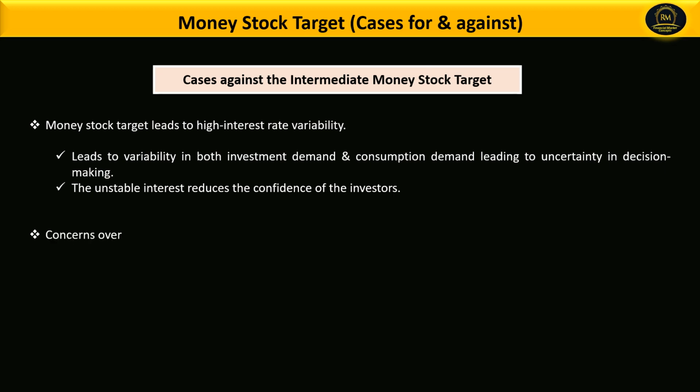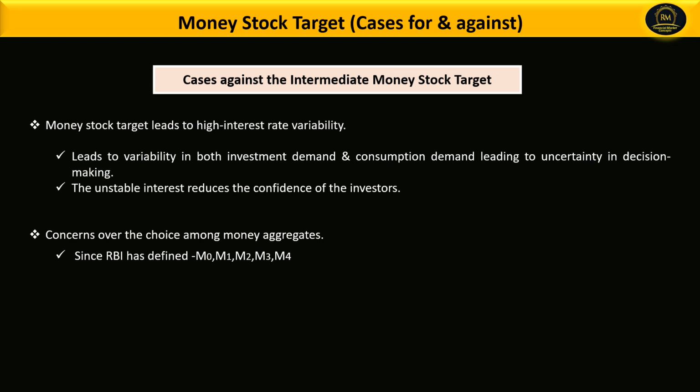Another point against the intermediate money stock target is the concern over the choice of the monetary aggregates. As we know, RBI has defined monetary aggregates as M0, that is the monetary base, M1, M2, M3 and M4.